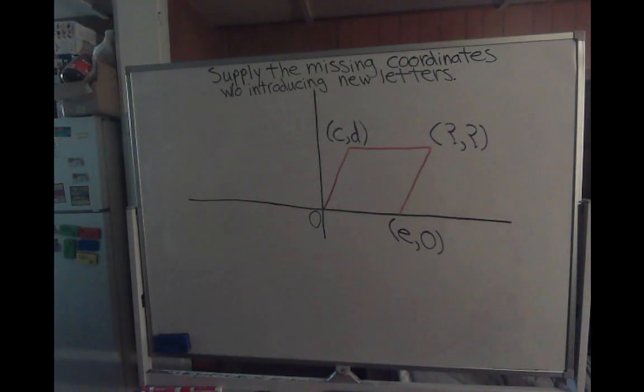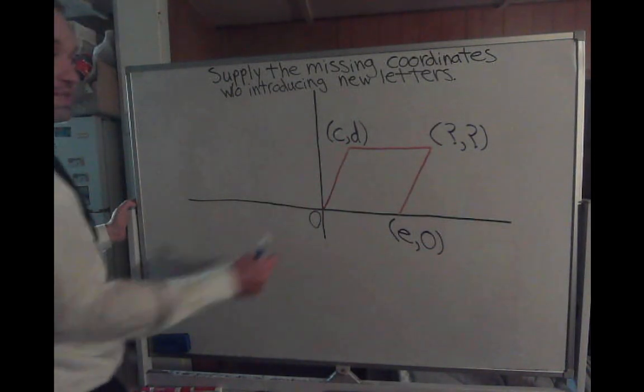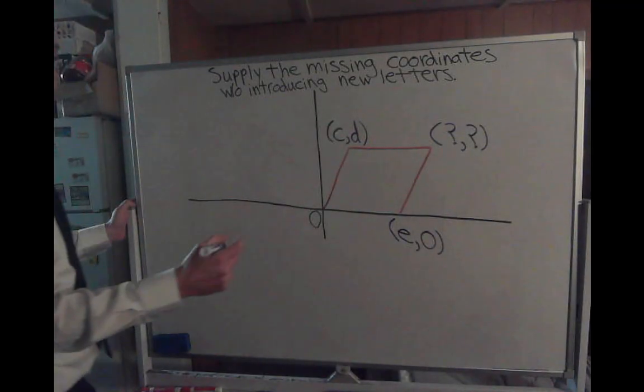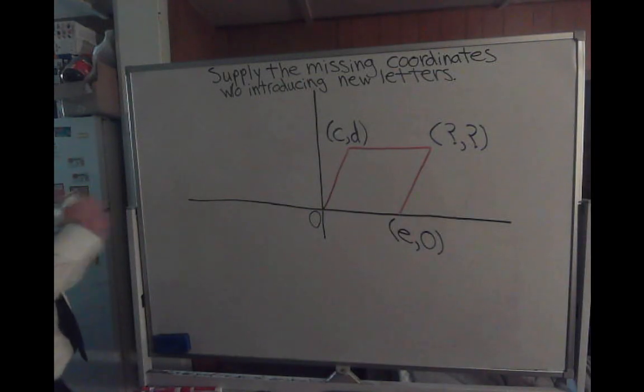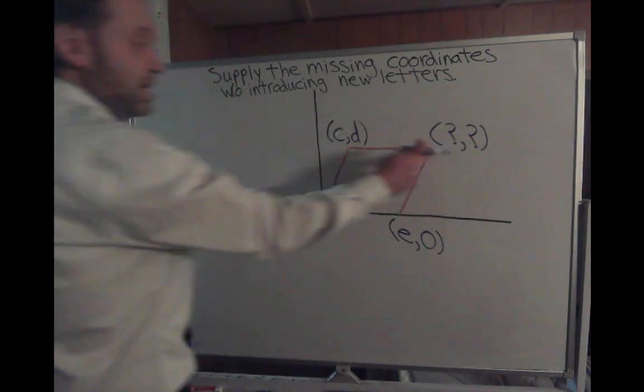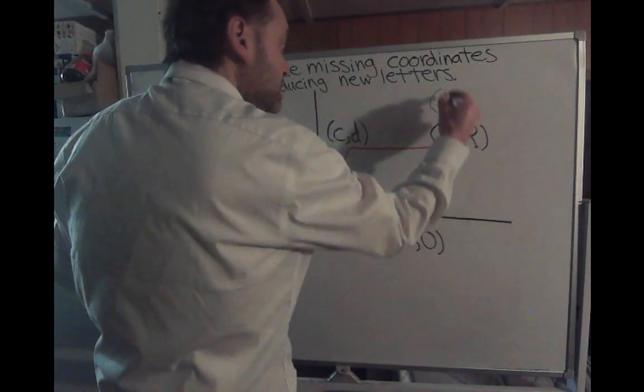Well, again, parallelograms have flat sides, right? No curved sides. If we look at the C, D coordinate, the D, that's your y coordinate, means it's up D units from the origin. Well, so would this top right vertex, it would be up D units also.